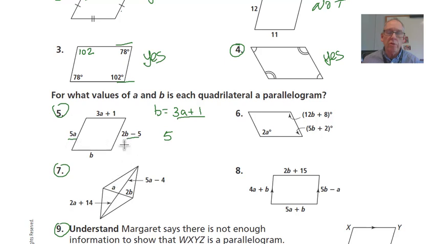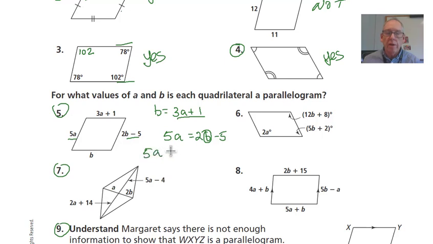So let's see how that works. I'm going to take 5A is equal to 2B minus 5, because if it's a parallelogram, those opposite sides need to be congruent. But now, from the other set, we have that B is the same thing as 3A plus 1. So I'm going to substitute for the B with 3A plus 1. Let's see what we get.